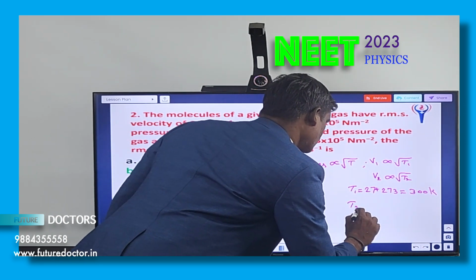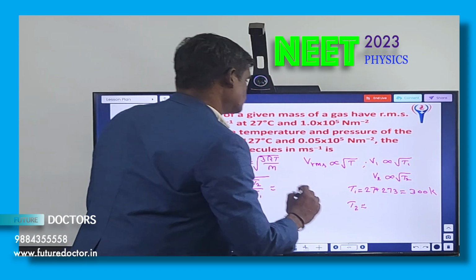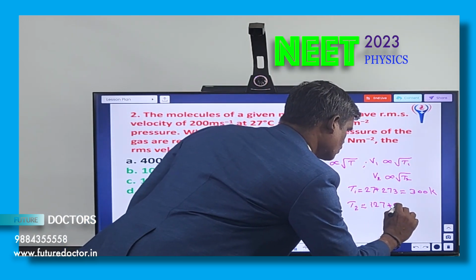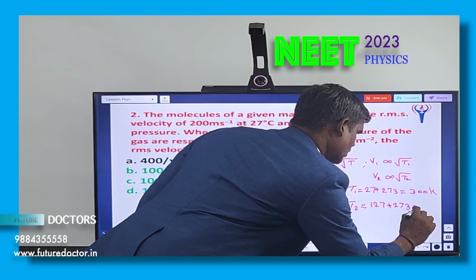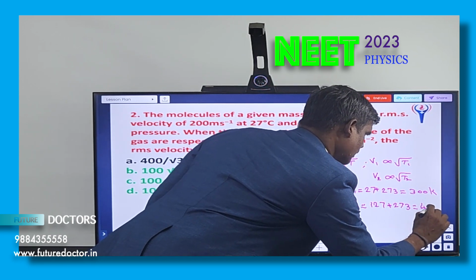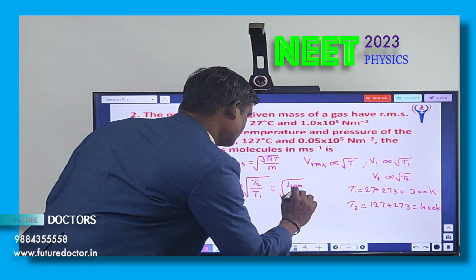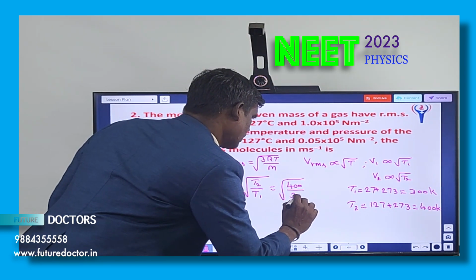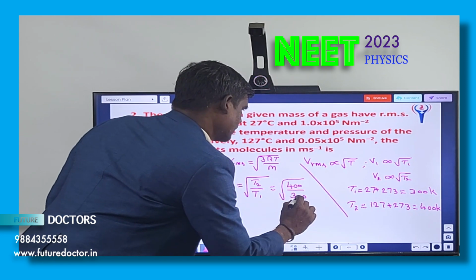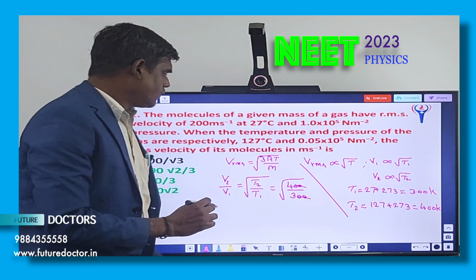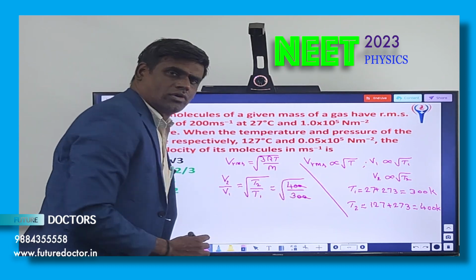And T2 equal to 127 plus 273 equal to 400 Kelvin. T2 by T1. So square root of 400 by 300. Then these two zeros getting cancelled. Root of 4 by 3. Square root of 4 is 2.